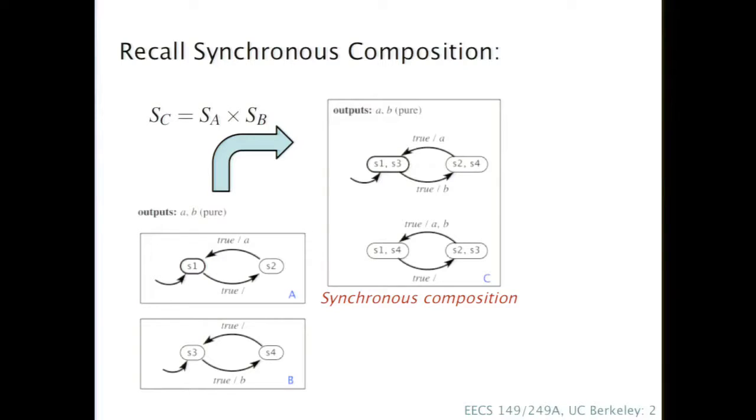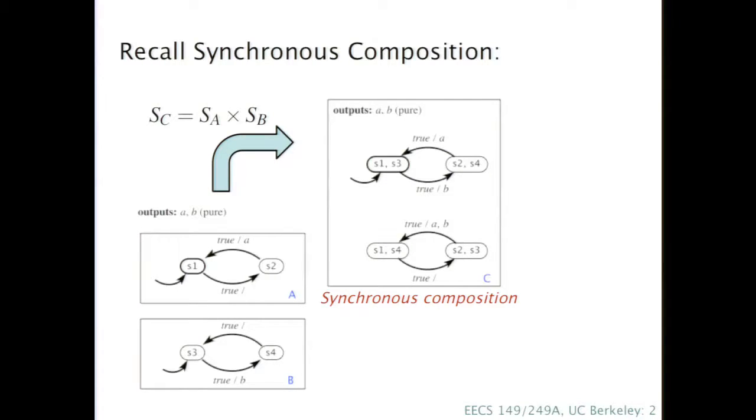So the environment chooses to react this composition of A and B. And the question is, what do you do? If you choose to do synchronous composition, then the two machines react simultaneously and instantaneously. And in doing so, they're actually behaving like another state machine, a single state machine, which is described over here.